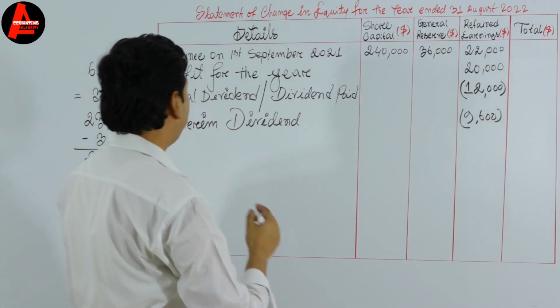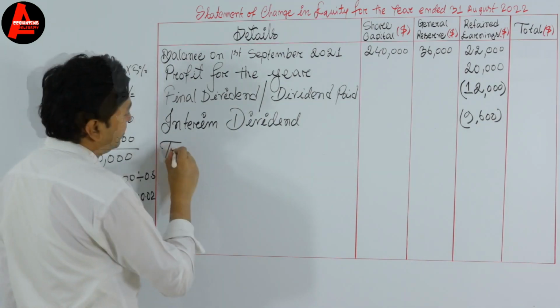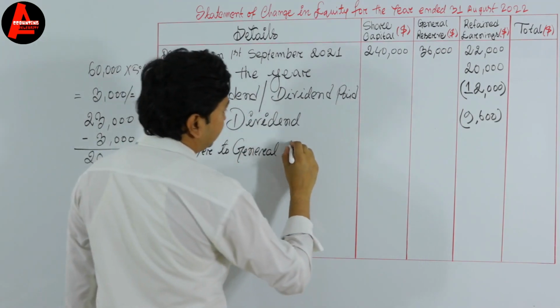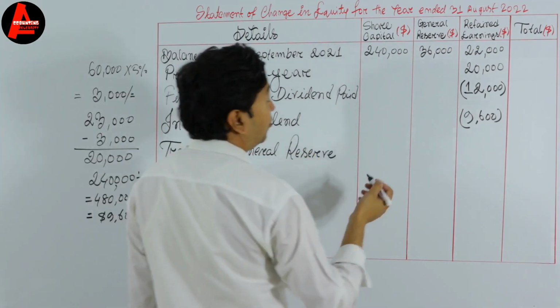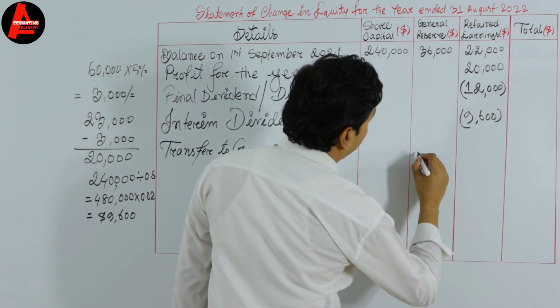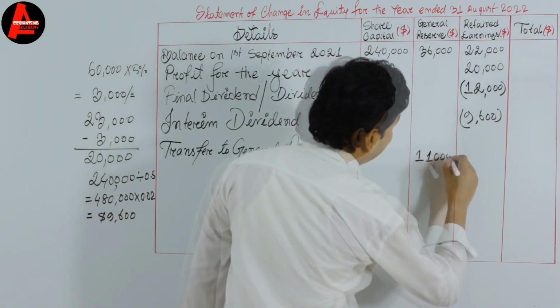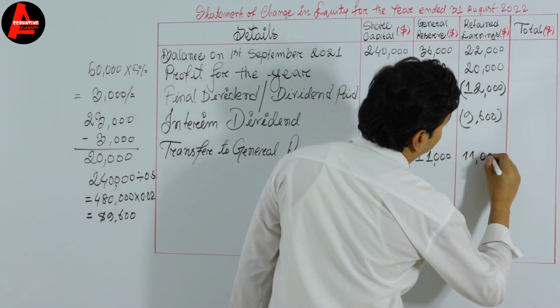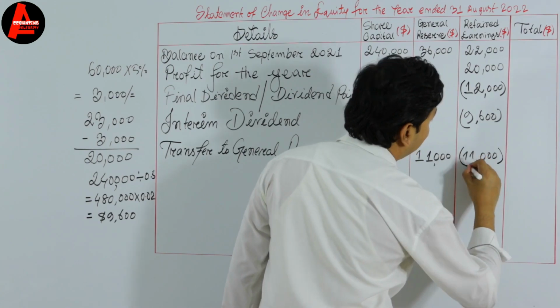So let us write here transfer to general reserve. So with this opening balance $36,000, we will add $11,000 and we will subtract $11,000 from the retained earnings.